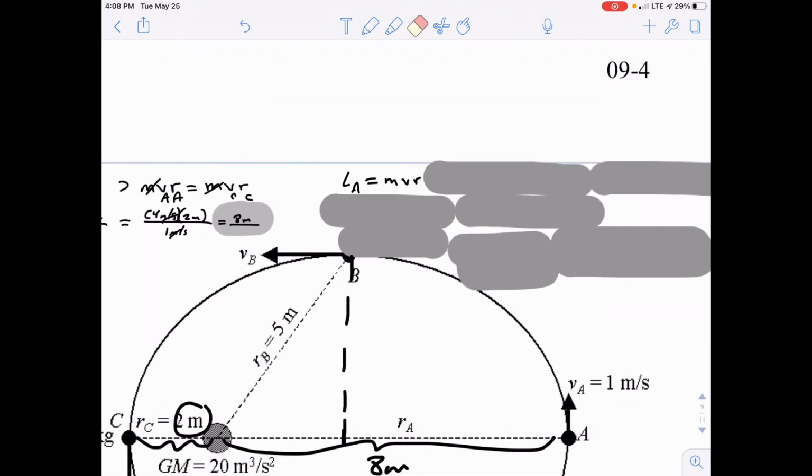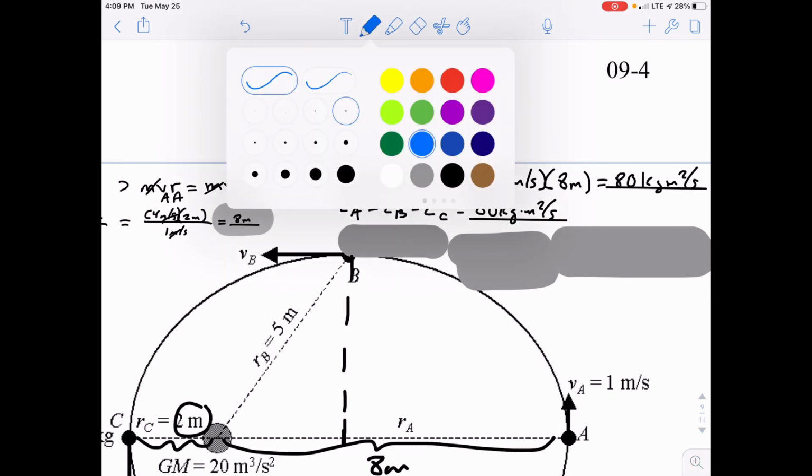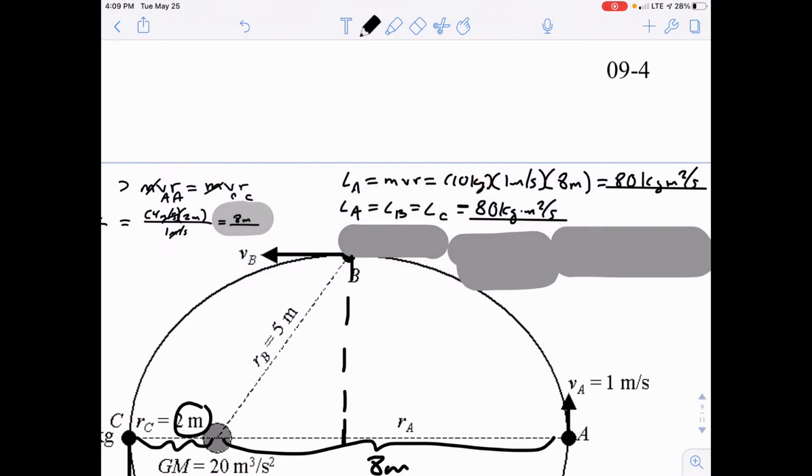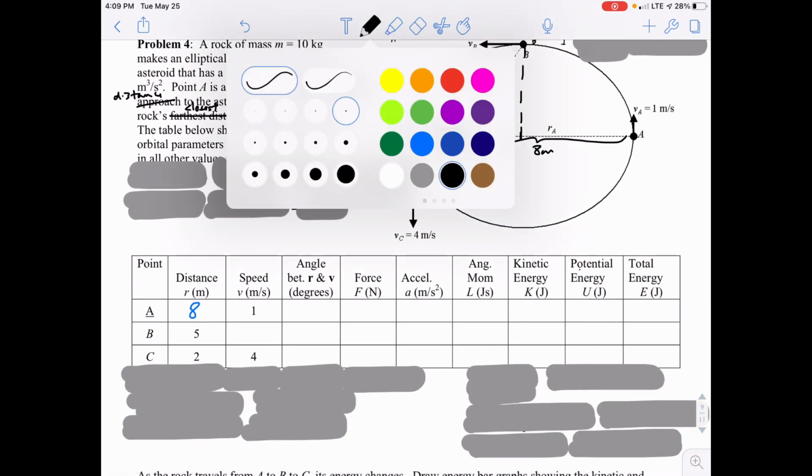Angular momentum of A is mvr, which would be 10 times 1 times 8, which is 80 kilogram meters squared per second. But LA equals LB, which equals LC. The angular momentum is the same everywhere, so all of them equal 80 kilogram meters squared per second. So let's go ahead and write that in.